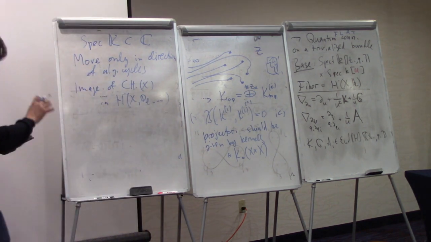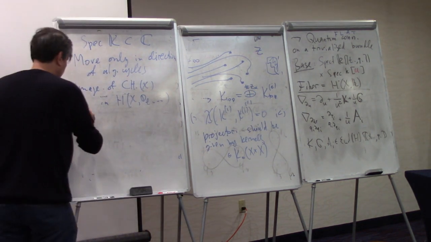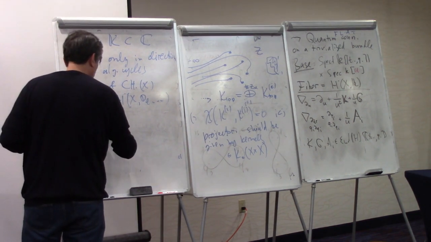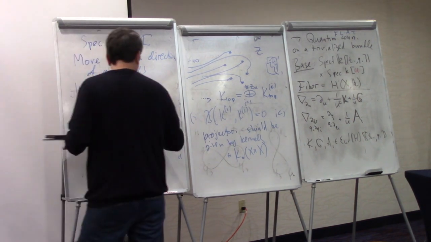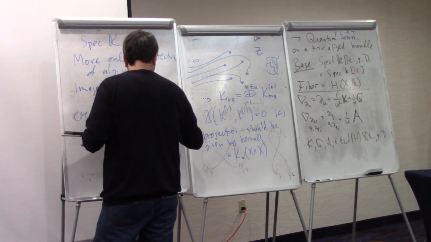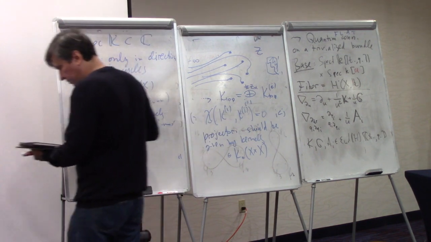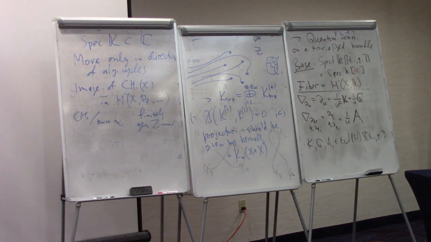But this image should be something like Chow groups divided by numerical equivalence. It should be finitely generated lattice. Take a model which will be finite type, and then one can kind of assume that variables associated to the things are complex numbers.